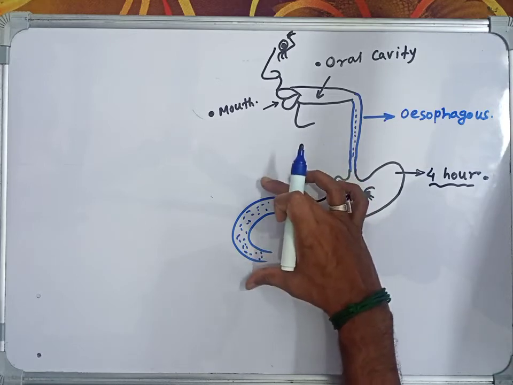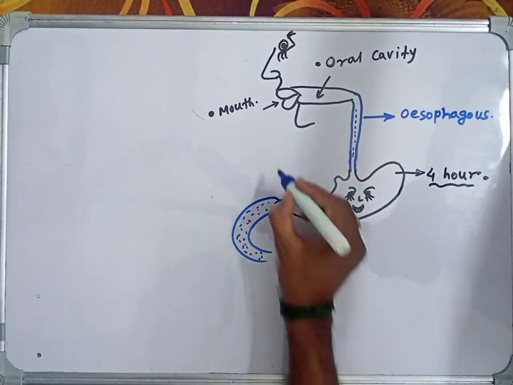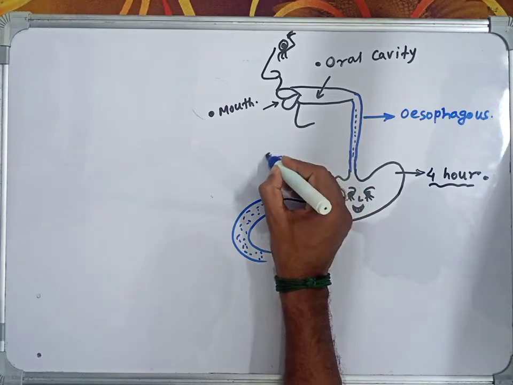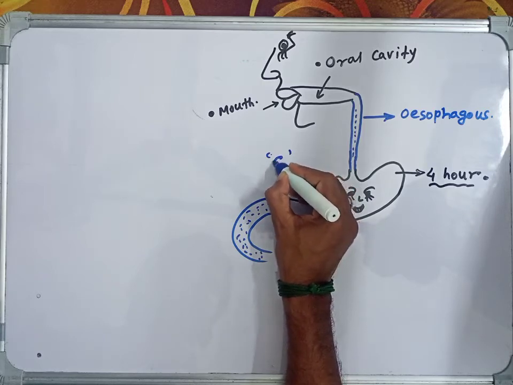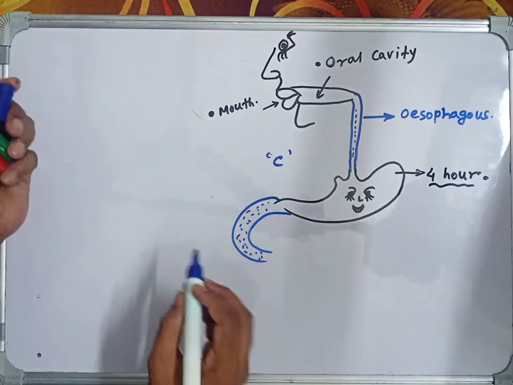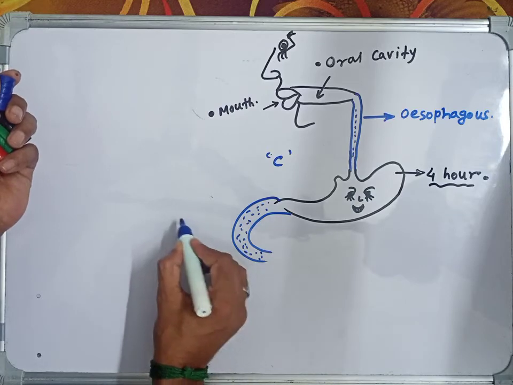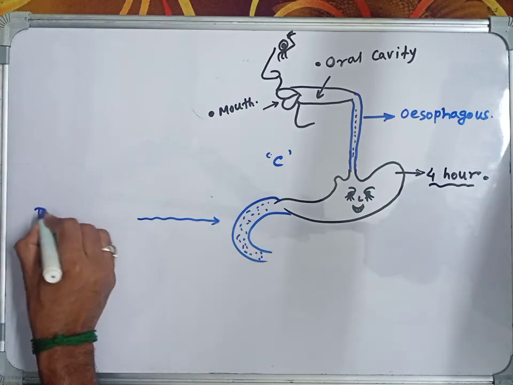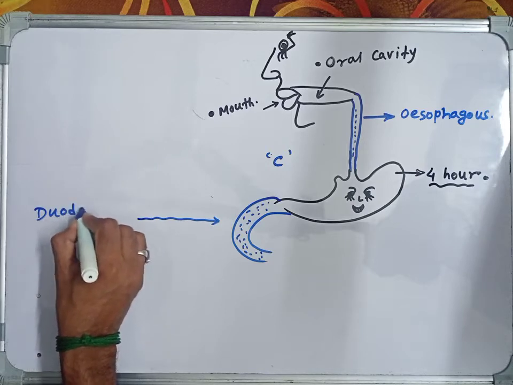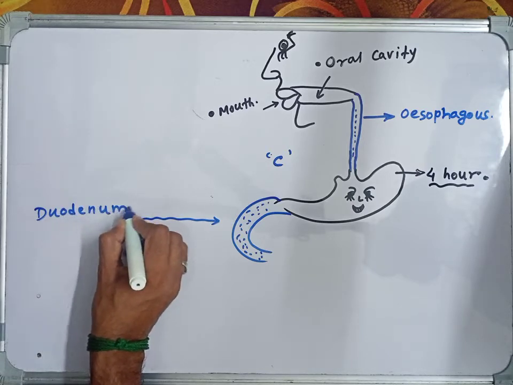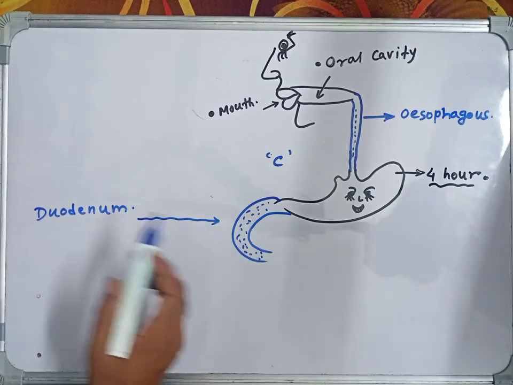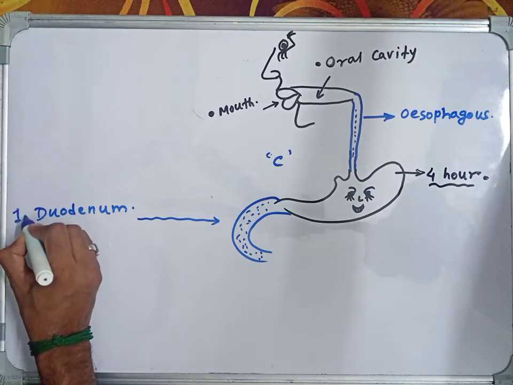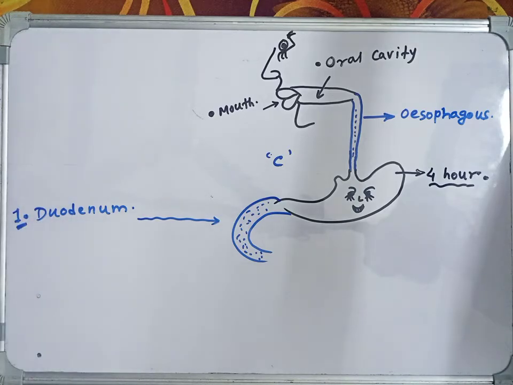This curve is shaped like the alphabet C, and this C-shaped curve of our intestine is called the duodenum, D-U-O-D-E-N-U-M, right? Duodenum is the first part of our small intestine.